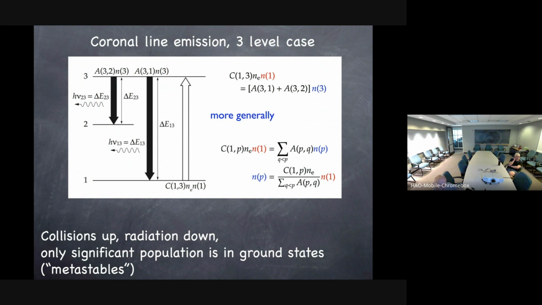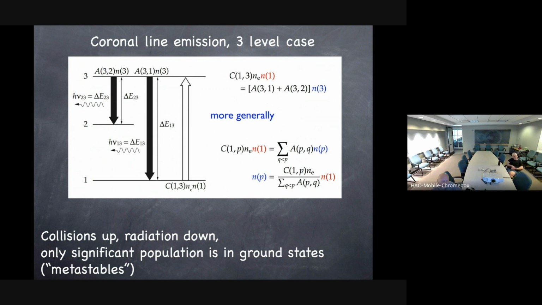If the temperature is very high, then the ionization rate goes much faster, et cetera. But C13 is on the order of a few times this recombination rate, more like the ionization rate, but increasing because the energy is not as big as the ionization energy, so we have more electrons to excite them. So what we've got here is a balance between collisions up and radiation down. That's basically it. Of course, we have collisions down, which we've missed here because by definition, that's our assumption.